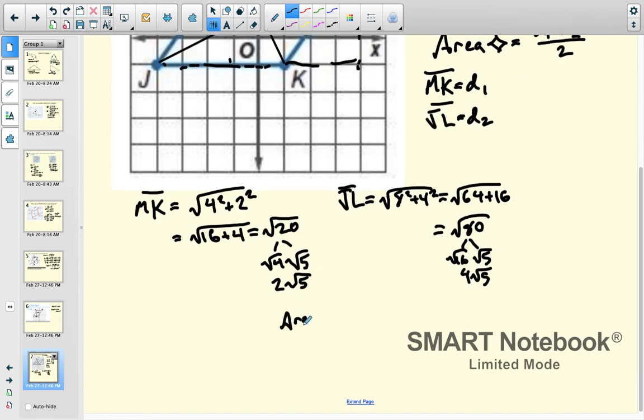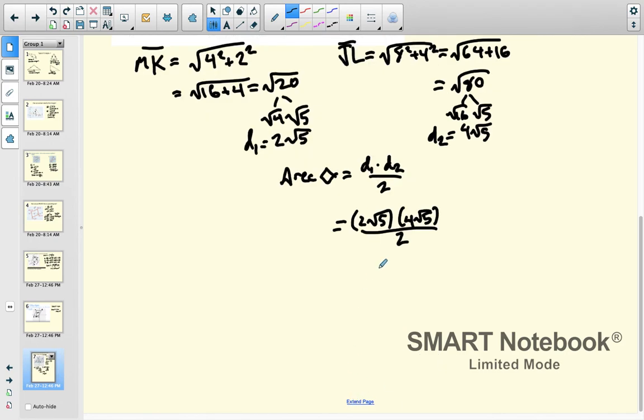Okay, so now we've got to finish this up, right? Because we need the area. So the area says that we get D1 times D2 over 2. Well, in this case, this is equal to D1, and this is equal to D2. All right, so we're going to get 2 square root of 5 times 4 square root of 5 divided by 2.